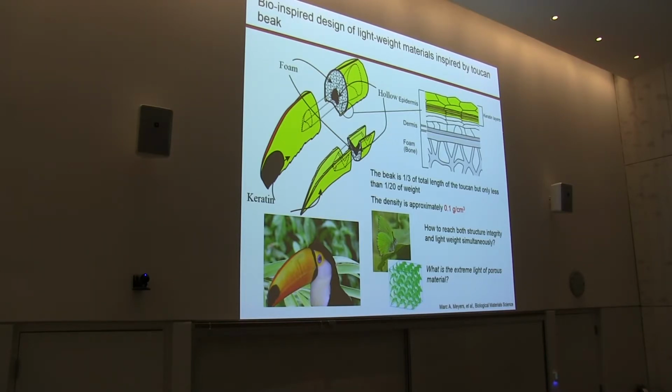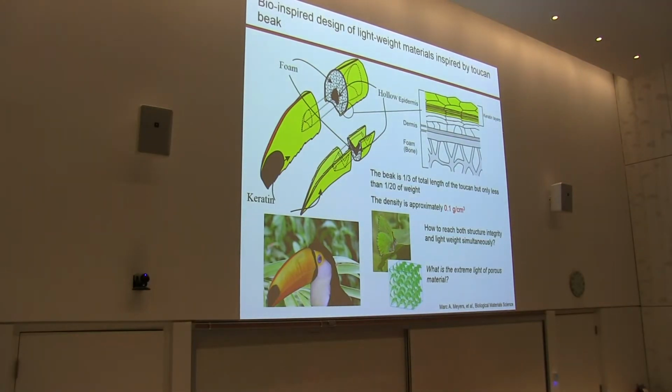Not only this bird, but other flying creatures like the butterfly also have very good porous features like this. That initiated my thoughts. What can be the lightest material in the world? Can this lightest solid material be lighter than air?